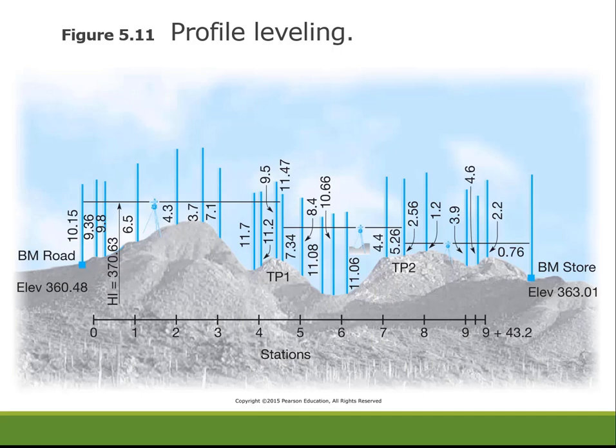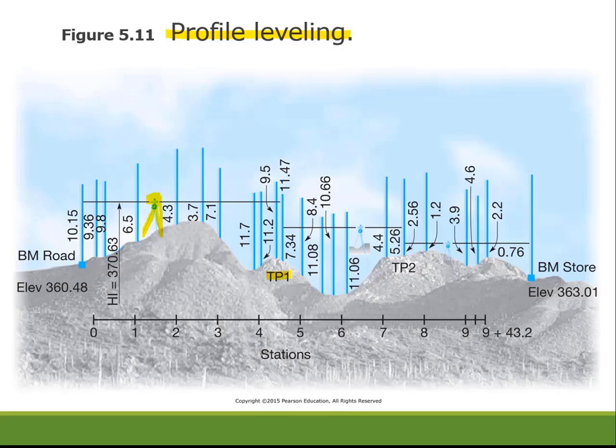In this case, instead of a closed circuit loop leveling, we're essentially venturing out along the path of a route in which we're establishing the existing ground or the profile of the ground. And so we're going to set up the instrument, but for efficiency, we're going to take many shots perhaps in the back sight and many shots in the foresight before we reach a turning point.